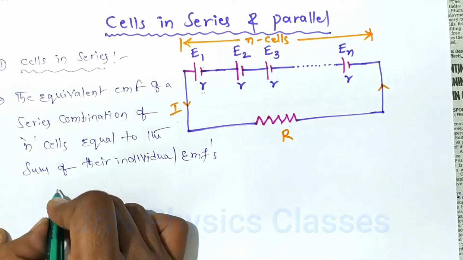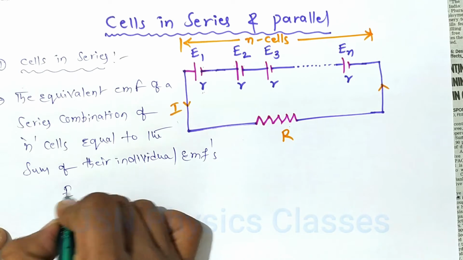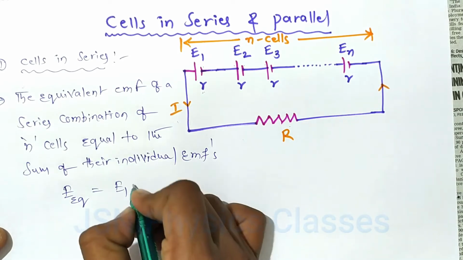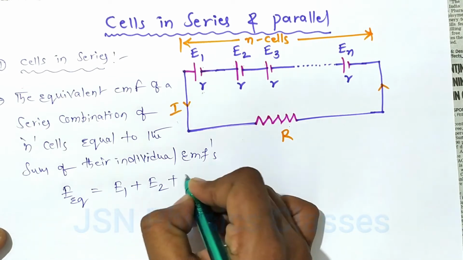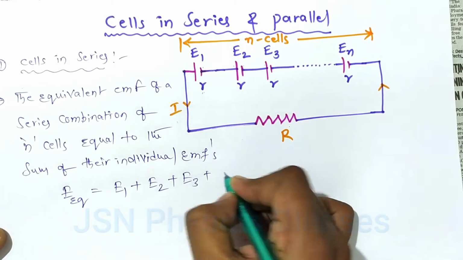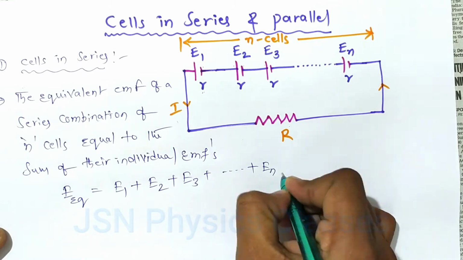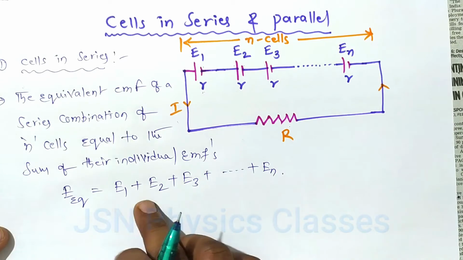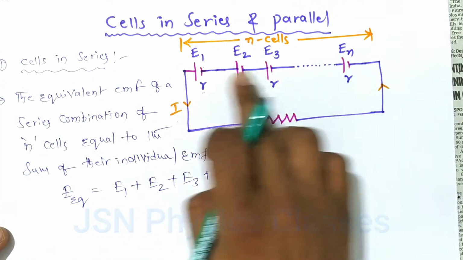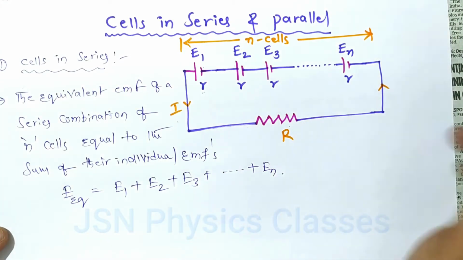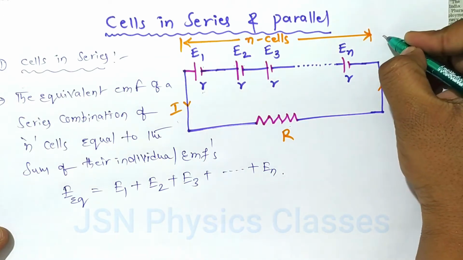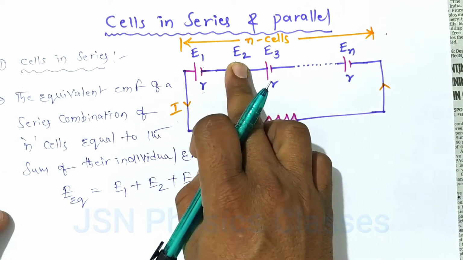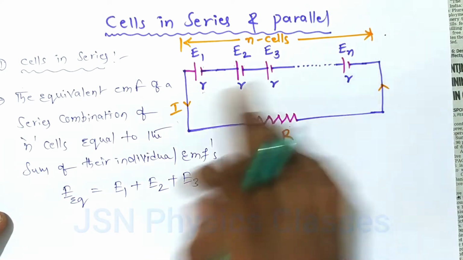So from this I can write the equivalent EMF E_eq is equal to E1 plus E2 plus E3 and so on up to En. If all n cells are identical, that means E1 is equal to E2 is equal to E3 up to En, all are equal.